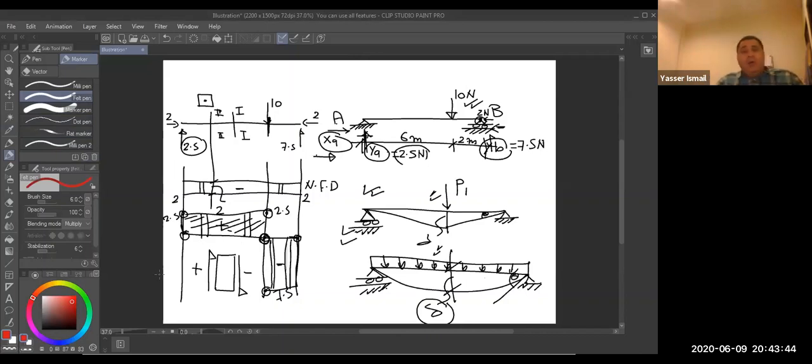Now I get all the sections, all the internal forces related to shear and normal. For any section, for example this section, I can give you the internal forces, shear and normal force. This section 3, but what does this section have? Going down, I have a normal force of 2 Newton, negative, compression, and I have negative shear, meaning the section is going down with a force equal to 7.5 Newton.